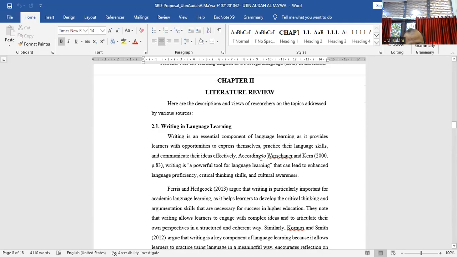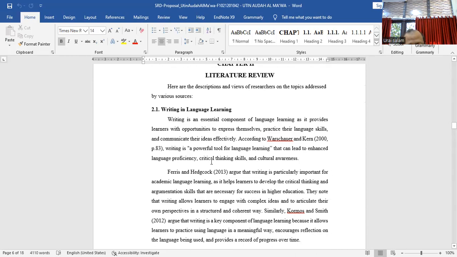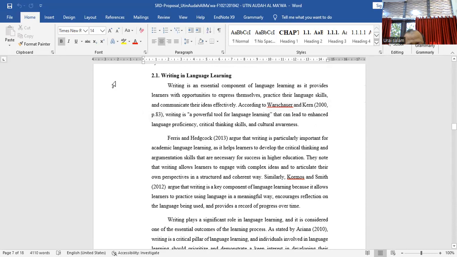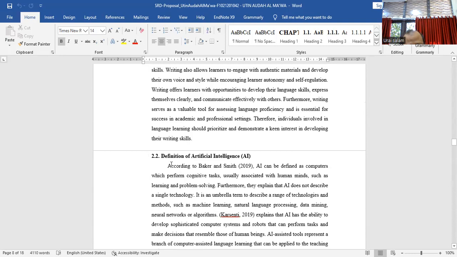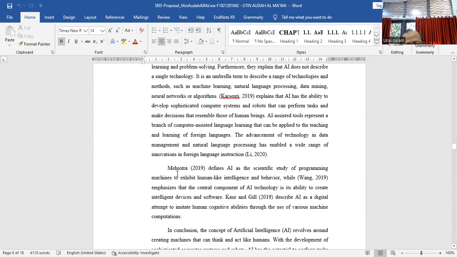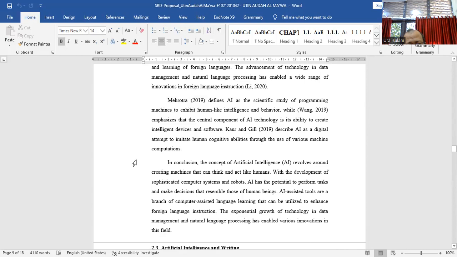Now, the first one you are talking about, as I said, is AI use in EFL writing, something like that. And then underneath, you can start from the definition of AI, what you mean by AI, and I think you have to explain the development of AI programs in terms of writing.